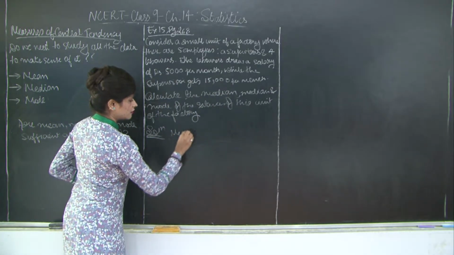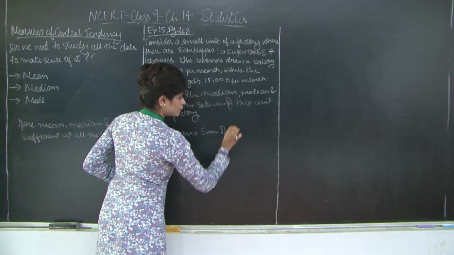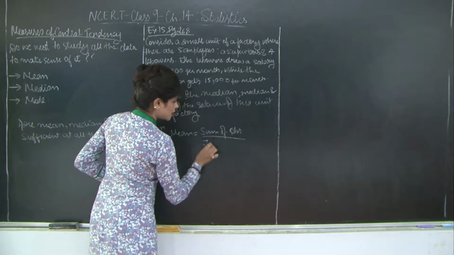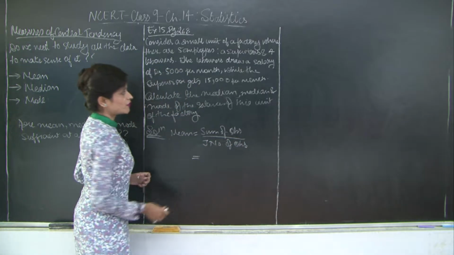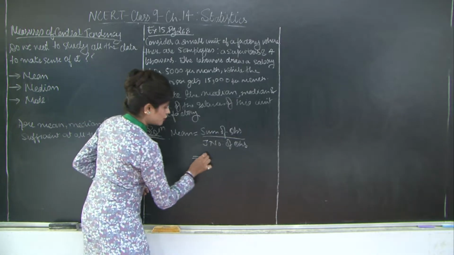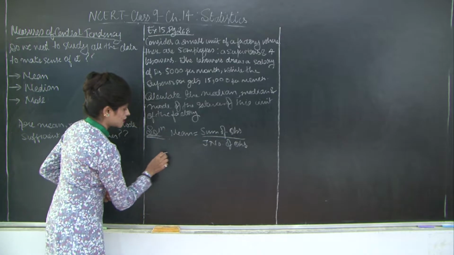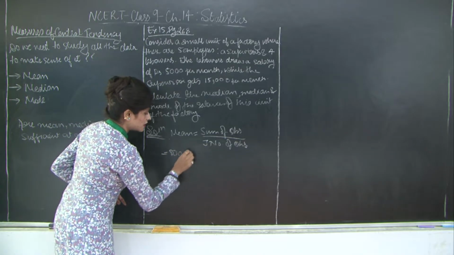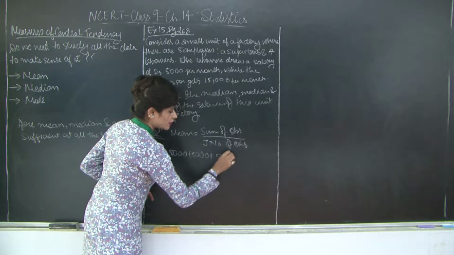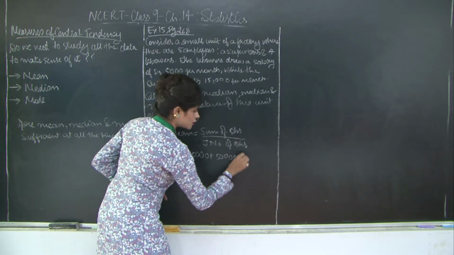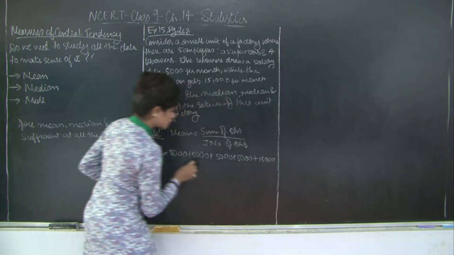Mean is given by the sum of observations upon total number of observations, right? So what is the sum of observations? So I'll just start writing from here. 5,000 plus 5,000, 5,000 4 times because there are 4 laborers who are drawing 5,000, plus 15,000, which is the salary of the supervisor.